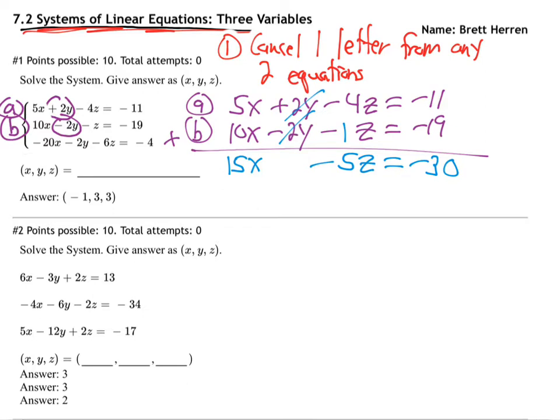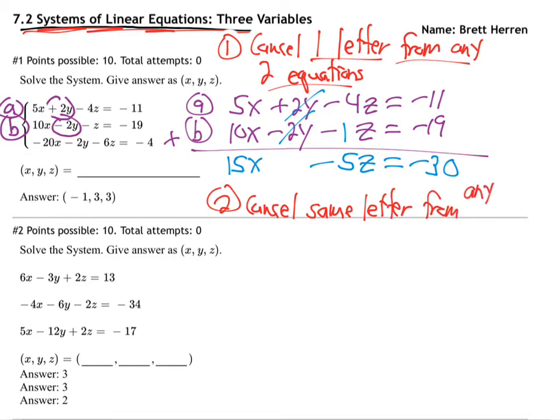So there's step 1. Cancel one letter from any 2 equations. Step 2, cancel that same letter from any 2 other equations. So it can't be the same 2.